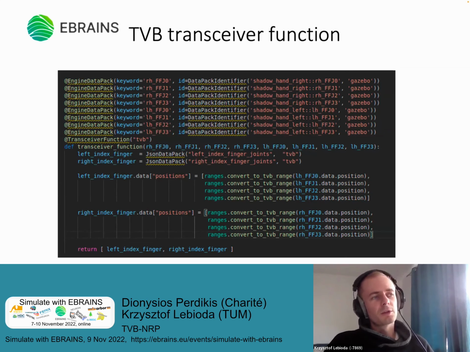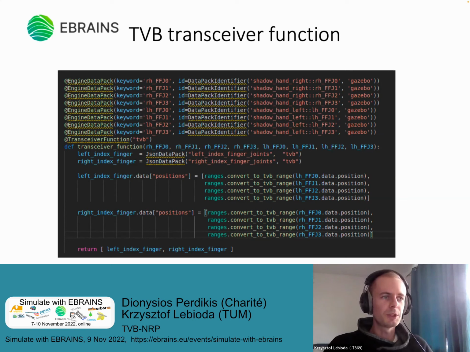This is an example of a transceiver function that we use in the experiment. I don't want to go into details here, but the transceiver function receives data of all the joints from the two index fingers of two hands, and converts it into two data packs for simplicity: one data pack for the left index finger and one for the right index finger.